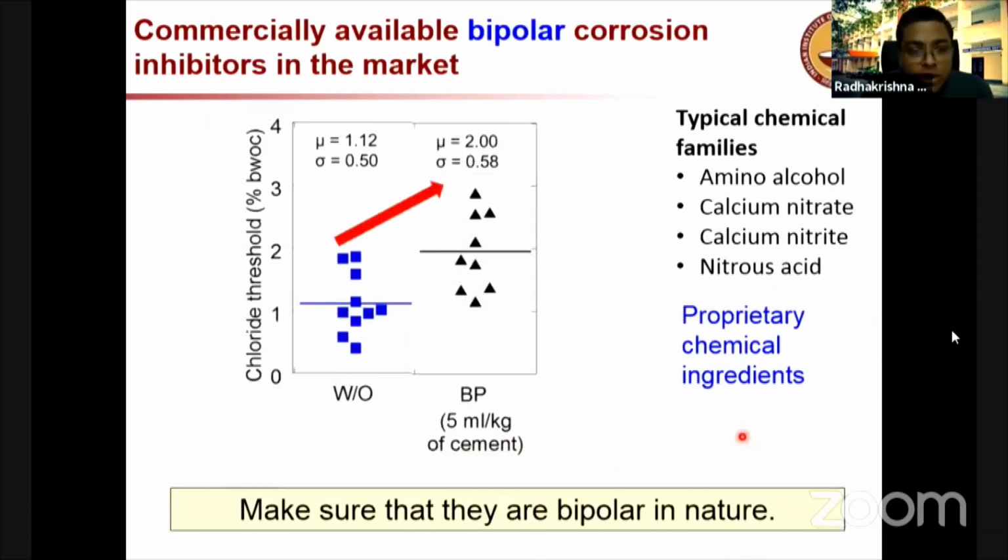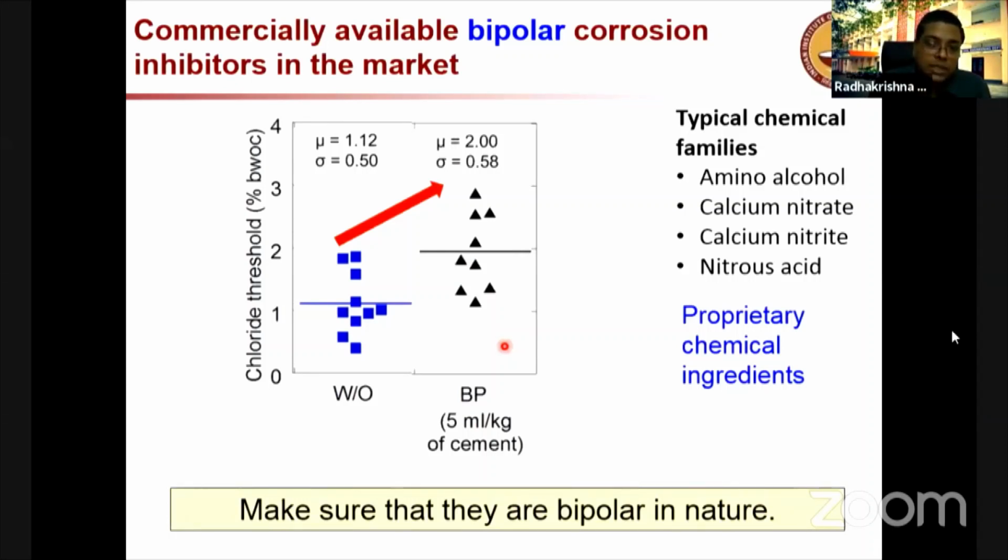So how is the effect of this on chloride threshold? You can see here, without an inhibitor, the chloride threshold is about 1, and with an inhibitor, it is about 2. Basically, it's showing that the chloride threshold can increase by 2 times.